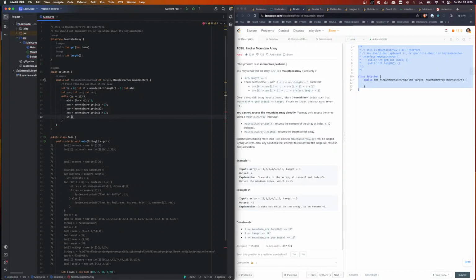And we say if pre is smaller than current and current is larger than next, we found it, then we break.